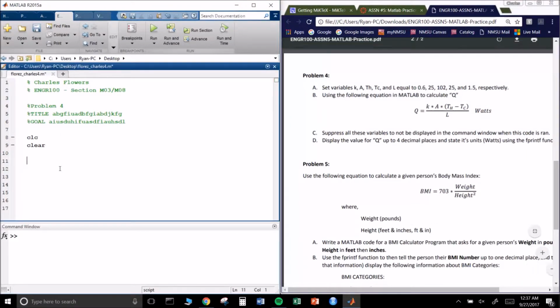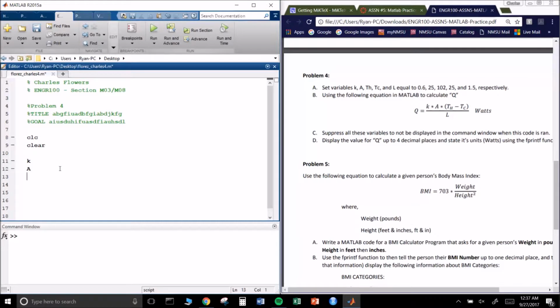So I have K, A, TH, I'll just call it TH like that, TC, L, and then I need something for Q. So K is equal to 0.6, A is equal to 25, TH is equal to 102.2, semicolon, 25, 1.5.